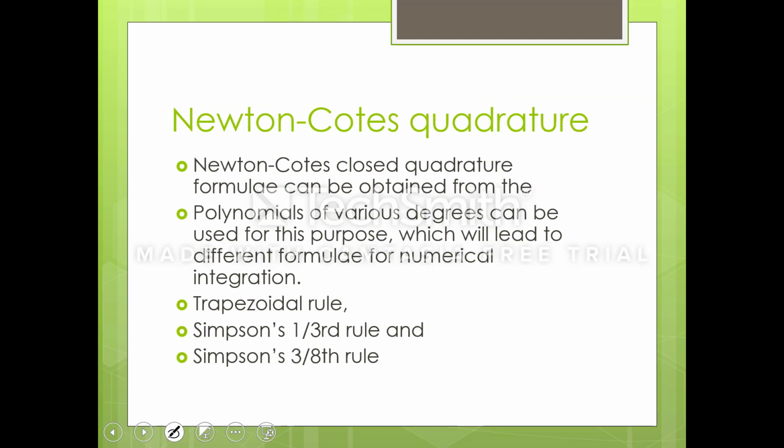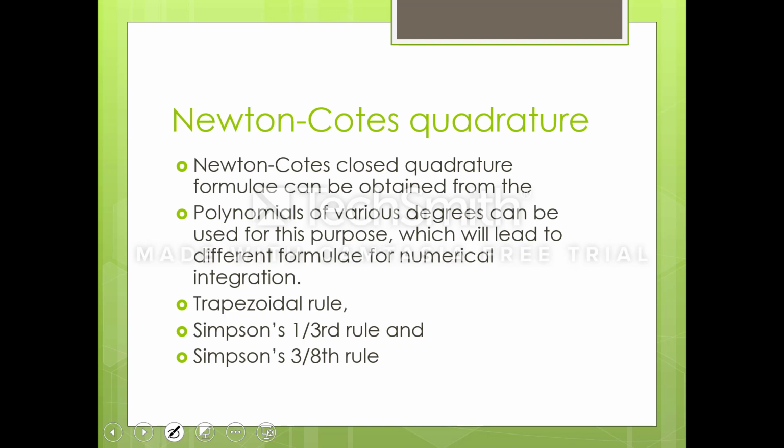In the Newton-Cotes formulae, we will be assuming certain polynomials of various degrees. If a simple polynomial is assumed, the error involved in the calculation will be much higher.